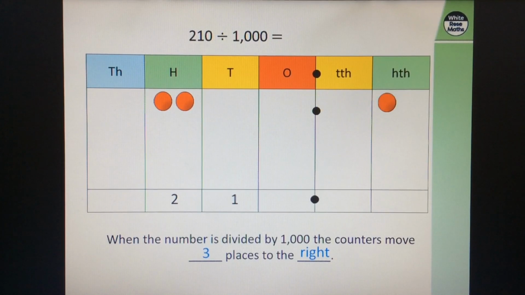We can move our 10 3 places to the hundredths column. The hundreds move to the tenths column, but our answer is not yet complete. Well done. If you notice, we need to put a placeholder 0 in the ones column to show that our answer is 0.21. So we need to put a 0 there to show the place value of the tenths and the hundredths. Okay, 0.21.